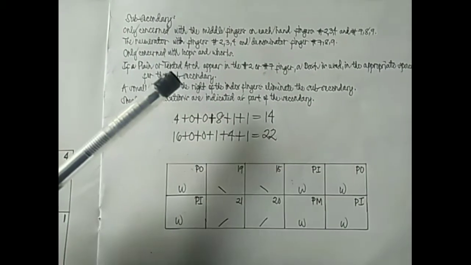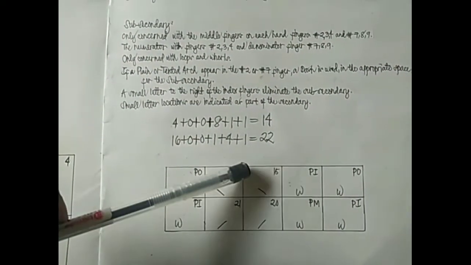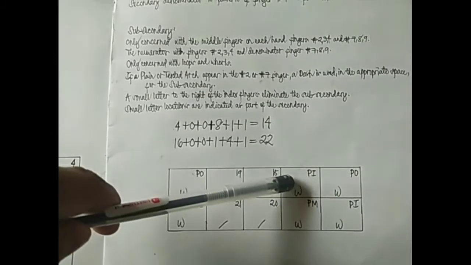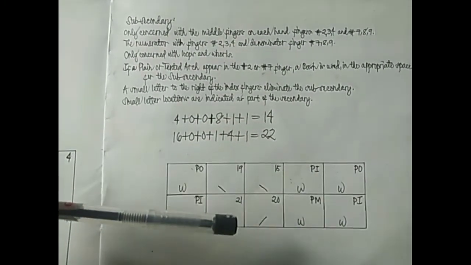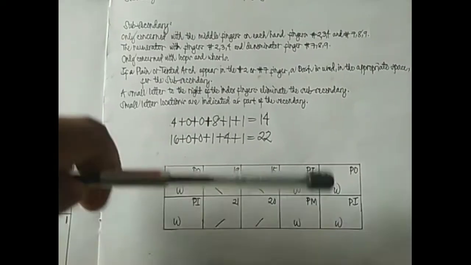The numerator is fingers 2, 3, and 4, and the denominator is fingers 7, 8, and 9.